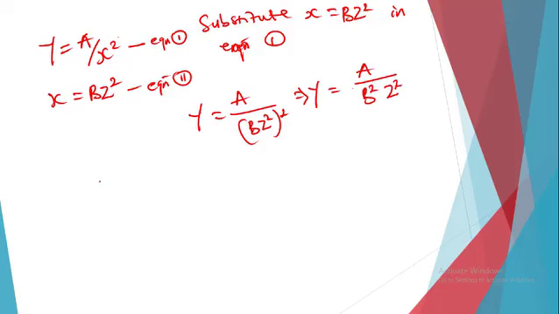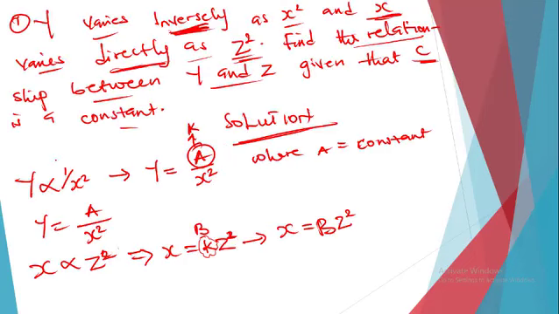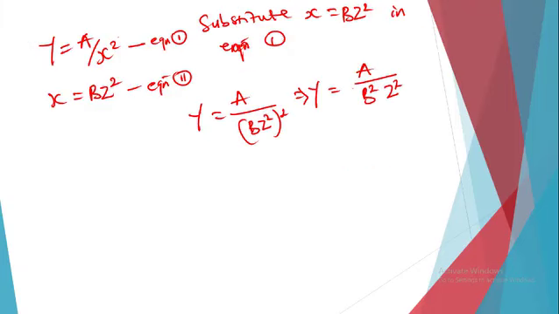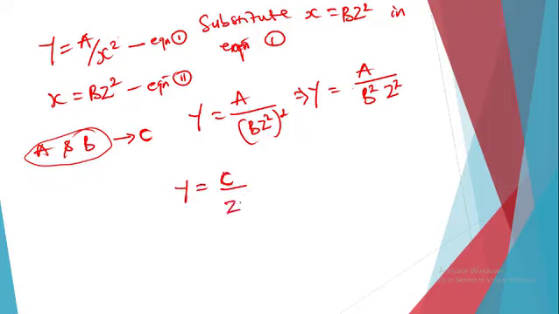But remember, in the question we are told that c is given to be a constant. So by that, a and b are also constants, but can be replaced by c.